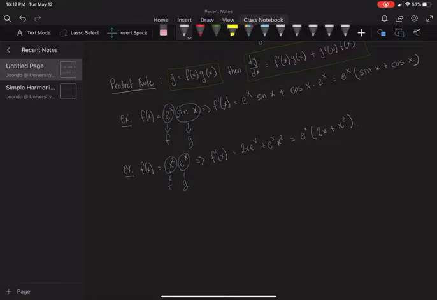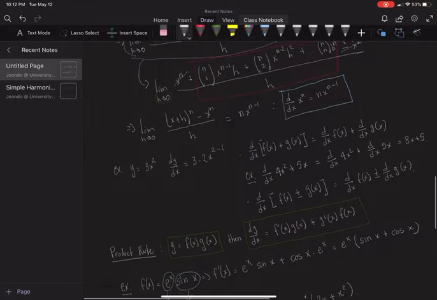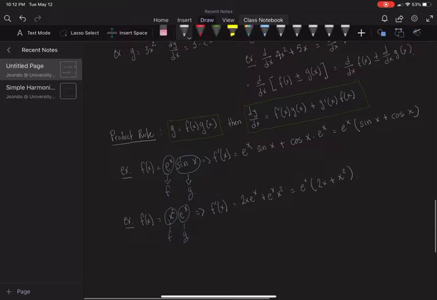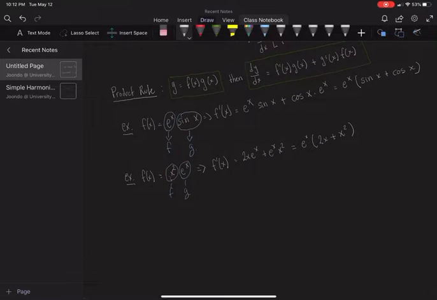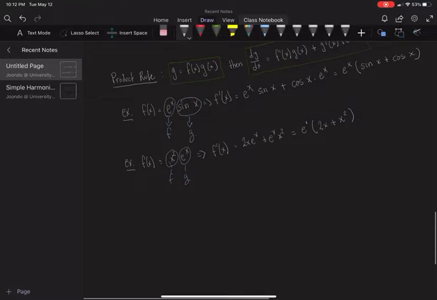Alright, now I'm going to briefly mention the quotient rule. The quotient rule says this.